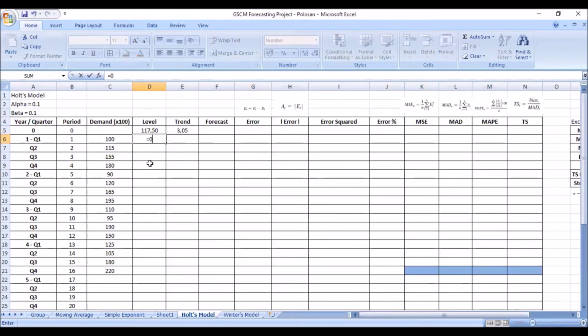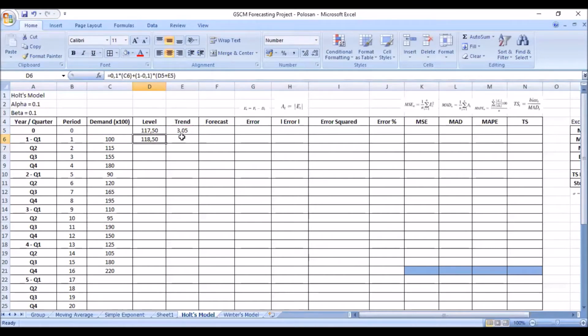So in this case, we use alpha multiplied by the demand of that period plus 1 minus alpha multiplied by the previous level and trend, which is the initial level and trend in this case. We just need to click it and add the trend, and there we have it. We found the first level.